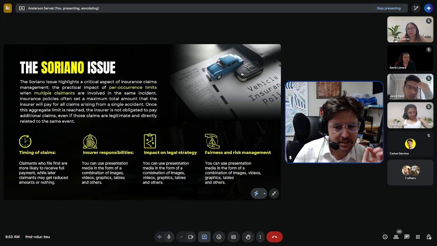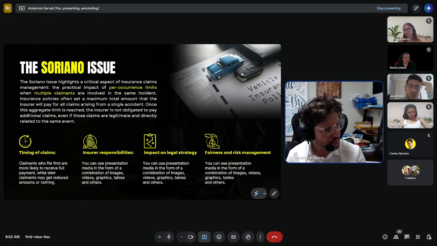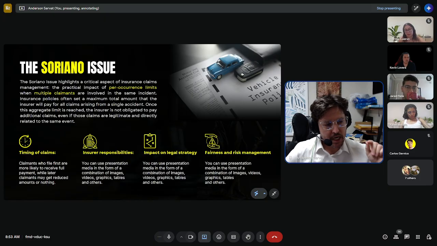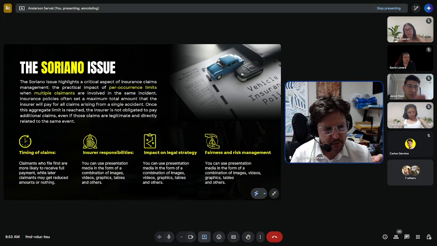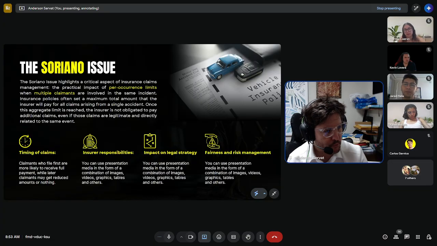Soriano says the first one who claims an amount that will exhaust the limits of the policy will receive the money, and the others will cry, because the insurance complied with its duty to pay the policy limits when it was claimed. So I claimed first.